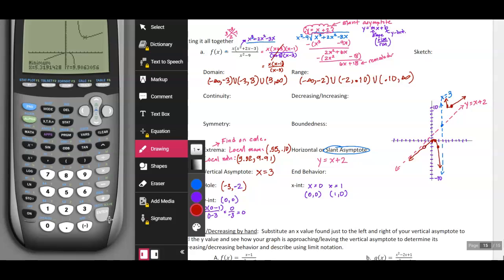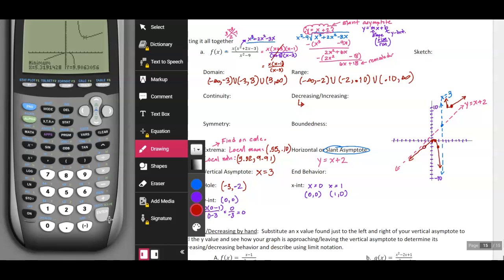So then I need to go ahead and find the decreasing. Remember, increasing, decreasing, you're reading left to right and asking yourself where you are going down. Increasing and decreasing is always the x value.